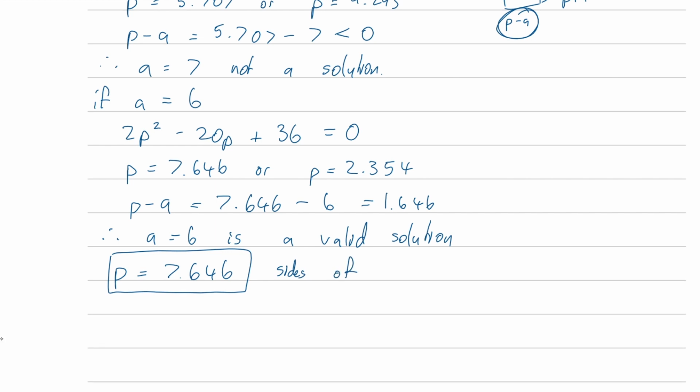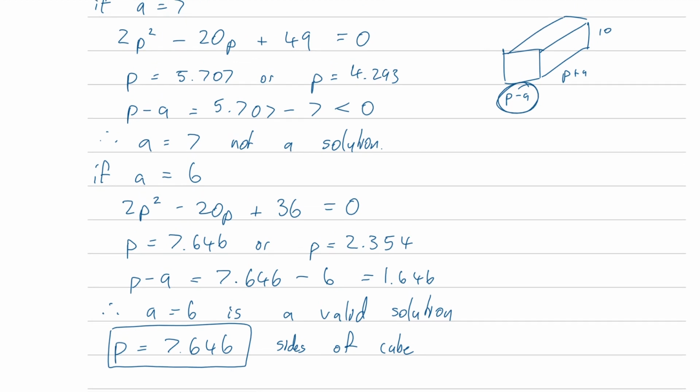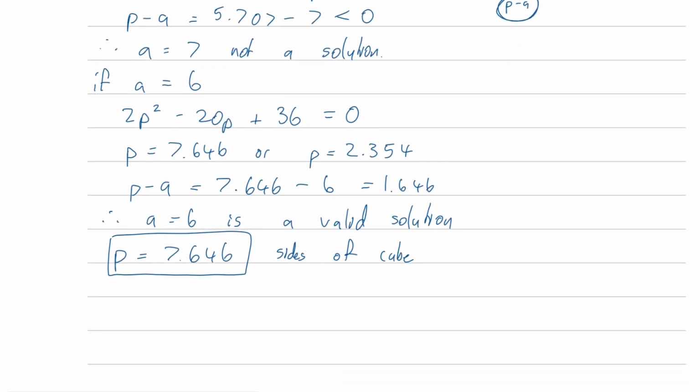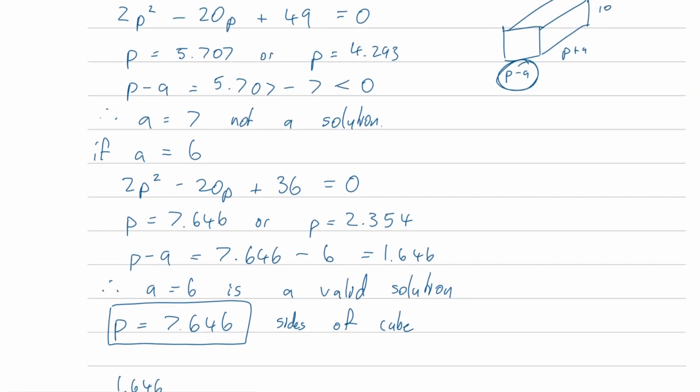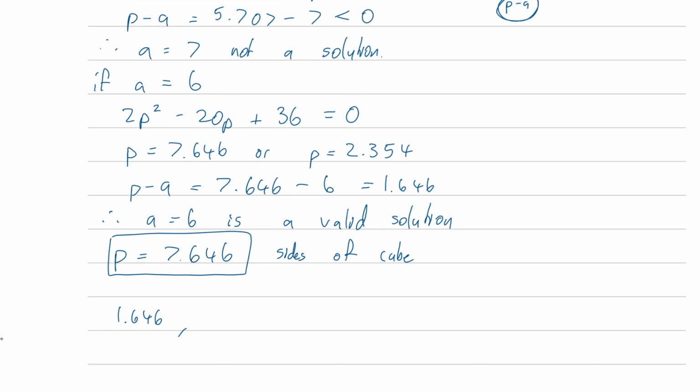All sides are of length p, and then the cuboid will have dimensions p minus a, which we worked out as 1.646, p plus a, which is 7.646 plus 6, which is 13.646, and a height of 10.